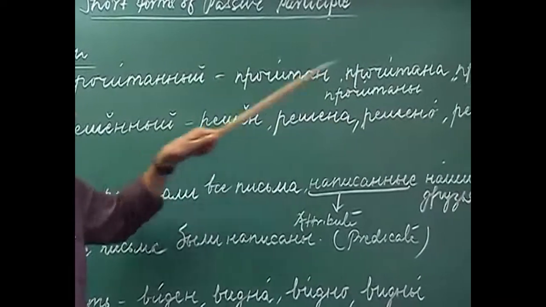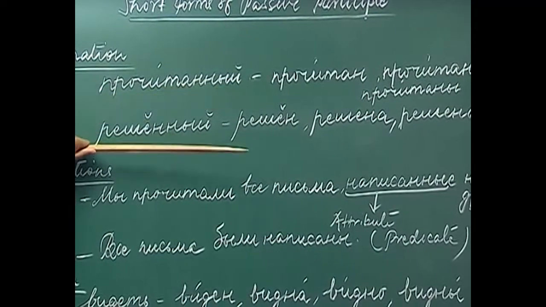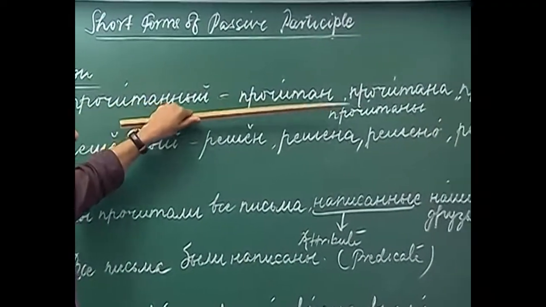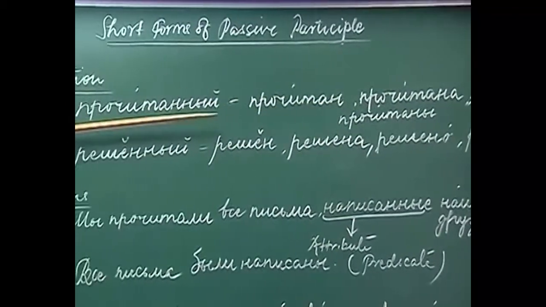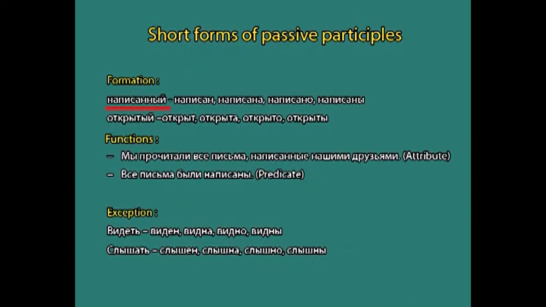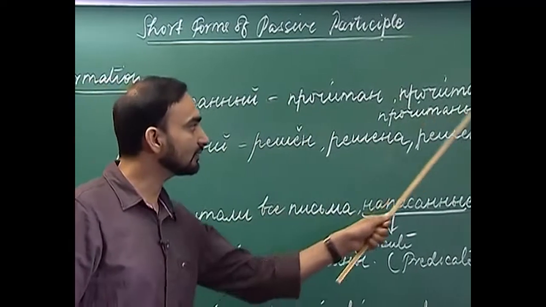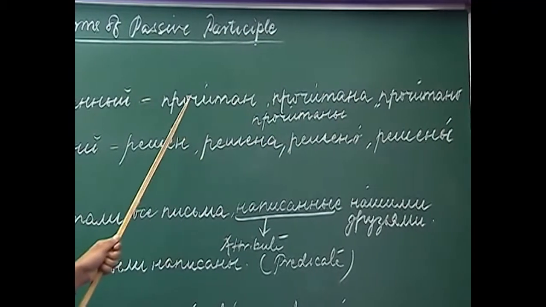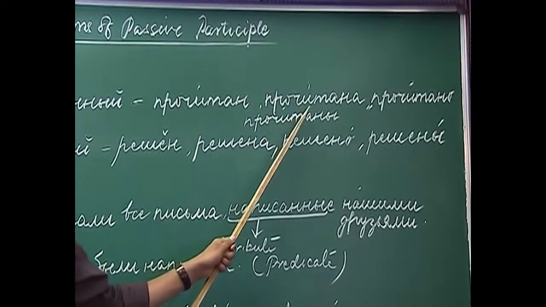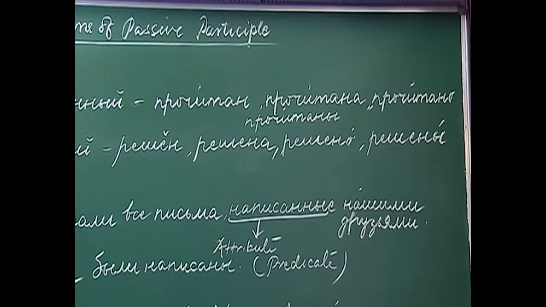But if the passive participle has the ending other than yoni, the short forms will have the stress on the same syllable as in the full form of passive participle. For example, prachitanni, as you can see, E here is stressed, and in all the short forms that we have written here, masculine, feminine, neuter and plural, the stress is on E. So, basically the stress is on the same syllable as the full form of passive participle.